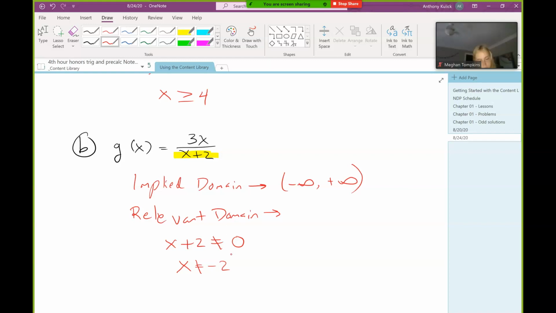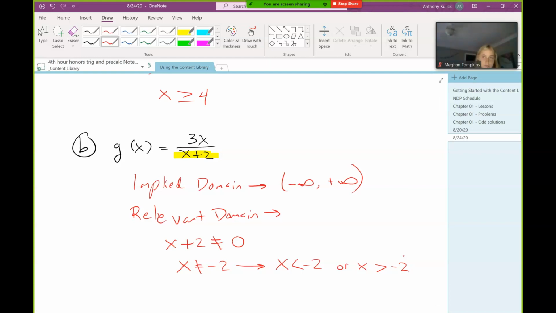But that's not entirely clear how we'd write an interval from that. Can we take x cannot equal -2 and rewrite that as a pair of inequalities? Yeah, right? This is the same thing as saying x is less than -2 or x is greater than -2. It just can't be -2. Everybody's good with that?